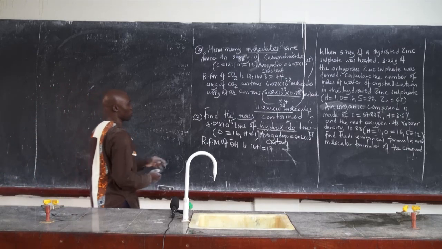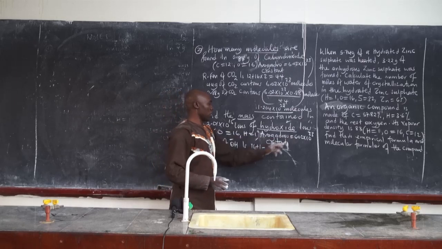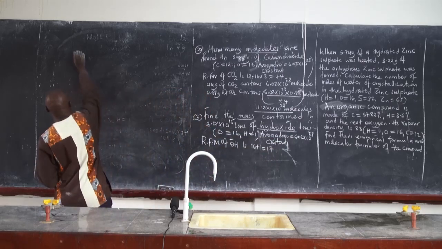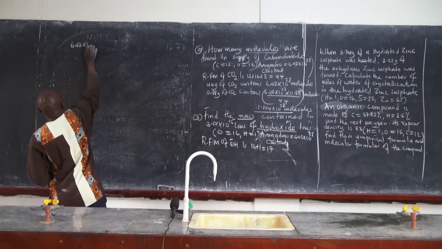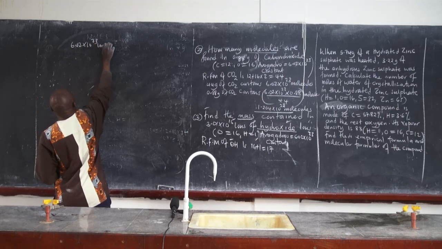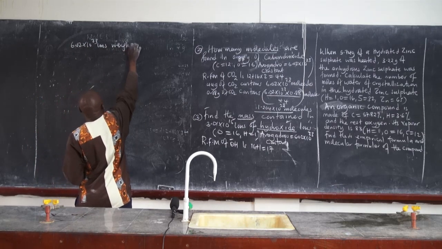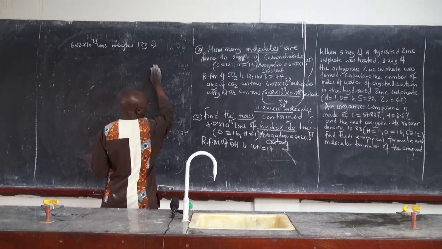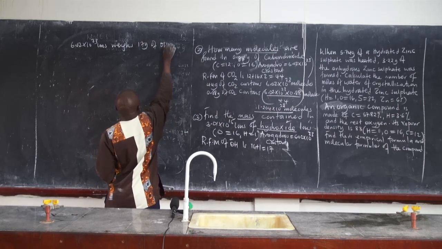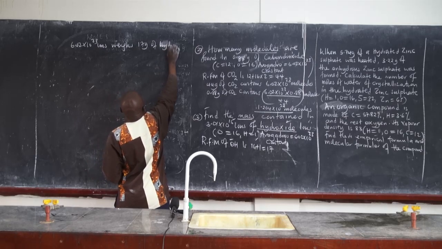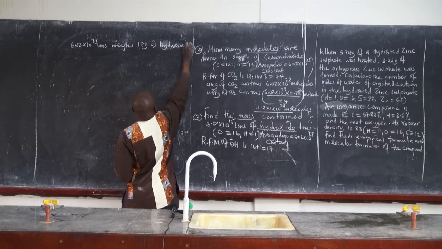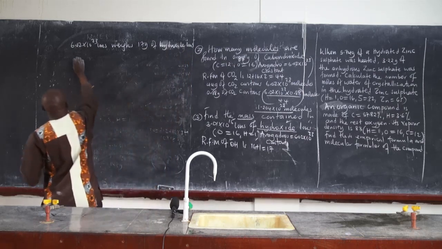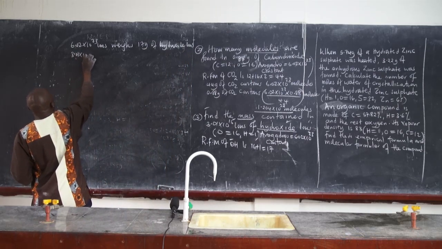So here I'm going to say this value weighs that mass. 6.02 times 10 power 23 ions will weigh 17 grams of hydroxide ions. The given number is 3.01 times 10 power 23.